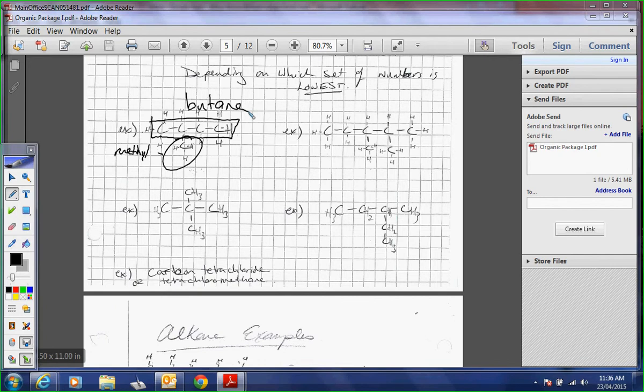Right to left or left to right. 1, 2, 3, 4. Or 1, 2, 3, 4. So which number's lower? 2 or 3, my little grade winners? 2. And so therefore I pick the red numbering system. And so this becomes 2 dash methyl butane. Methylbutane, all one word.